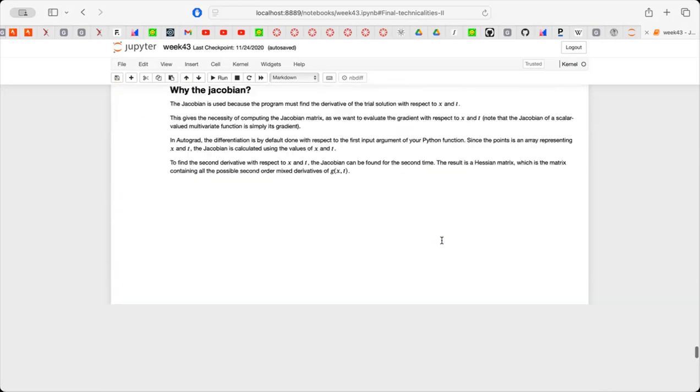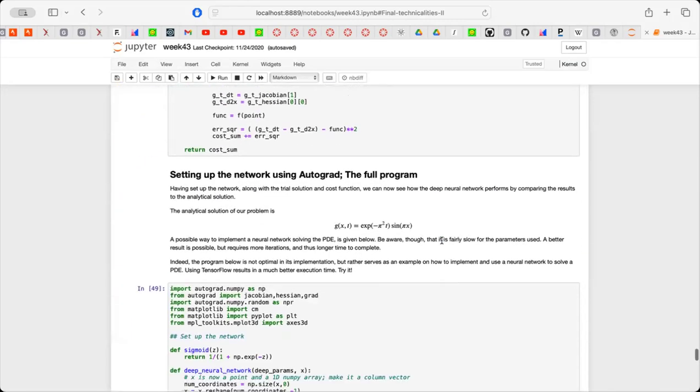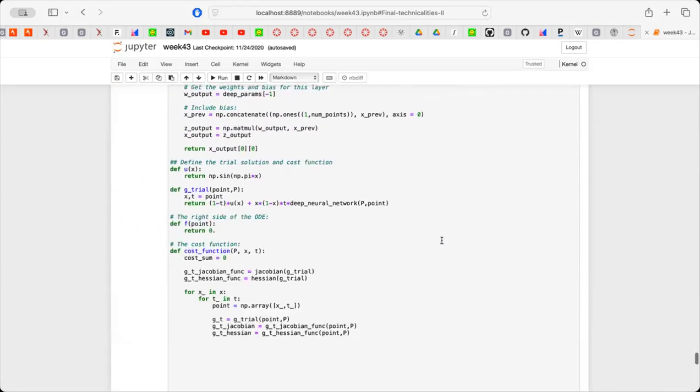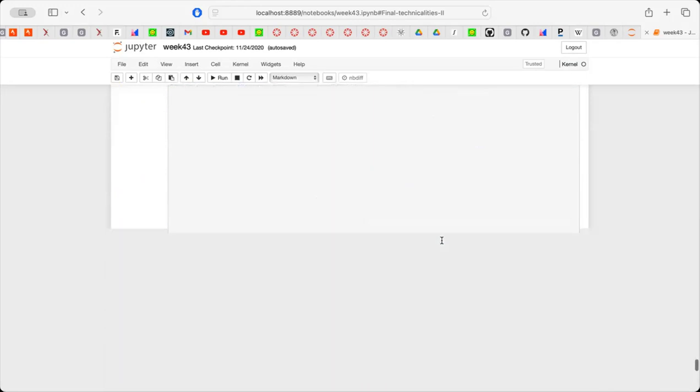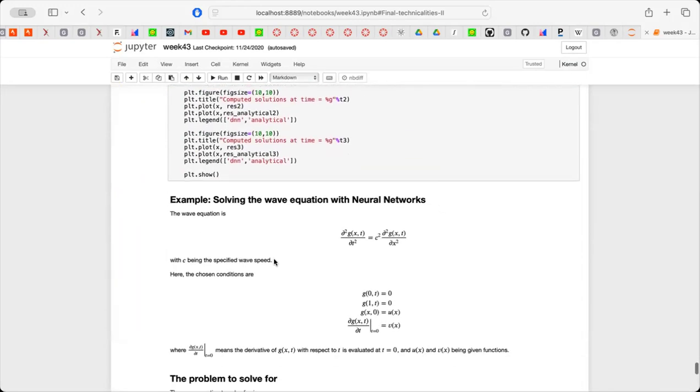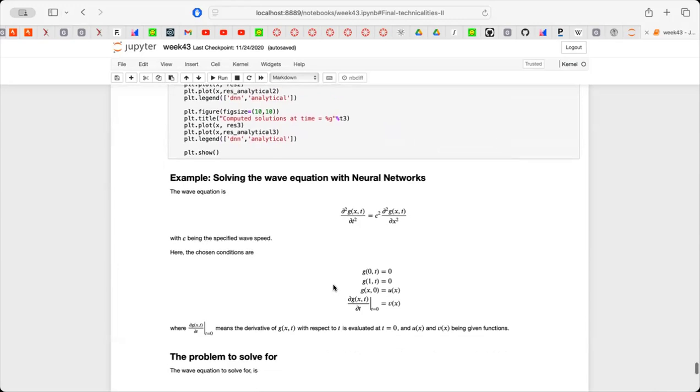And if you follow down here, you will also find an example on where we solve the differential equation for the wave equation. So this is given here. So please feel free to look at these equations. And when you solve the wave equation, you have a second order differential equation in both x and t, which also means that you will have two boundary conditions and two initial conditions.